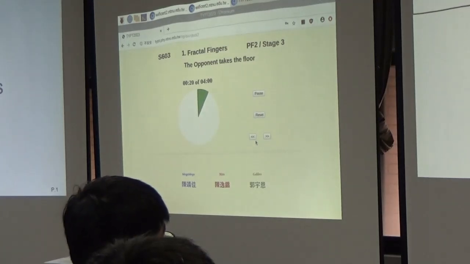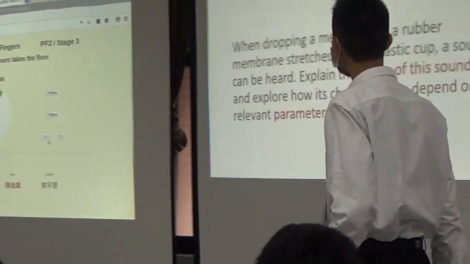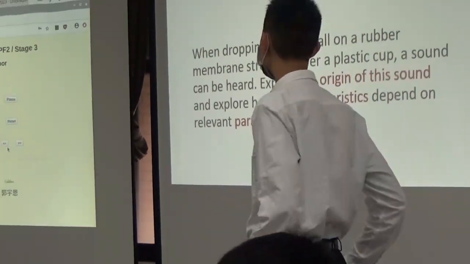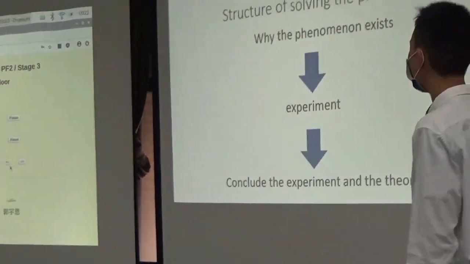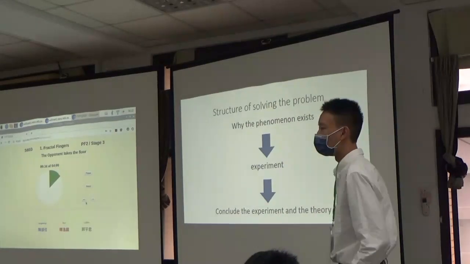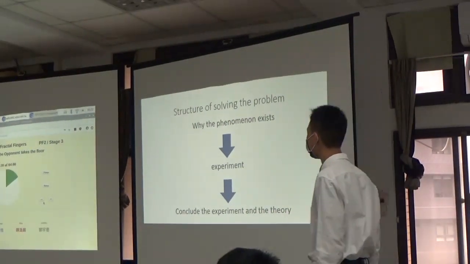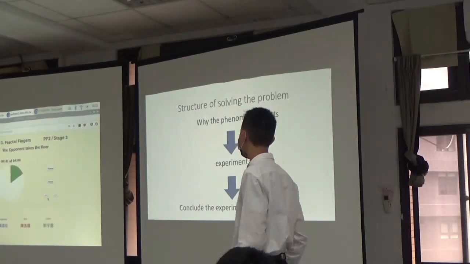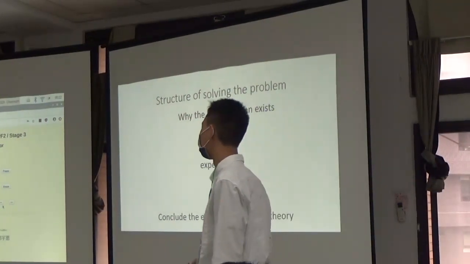Okay, this is the opponent report for the fingering, and this is the test. I think they have a job description, so I'll just skip it. When it comes to the structure, they first show what the phenomenon is, then their experiment, and lastly they conclude with the experiment and the theory, and also analyze the data.